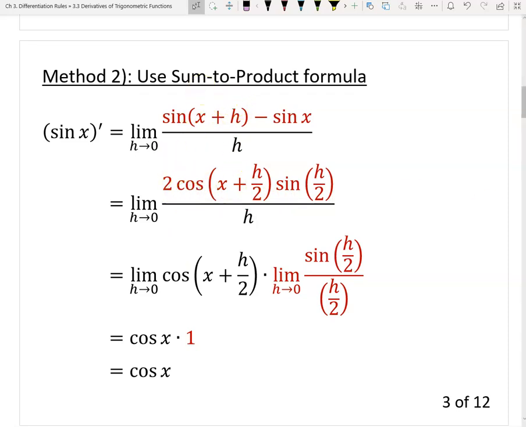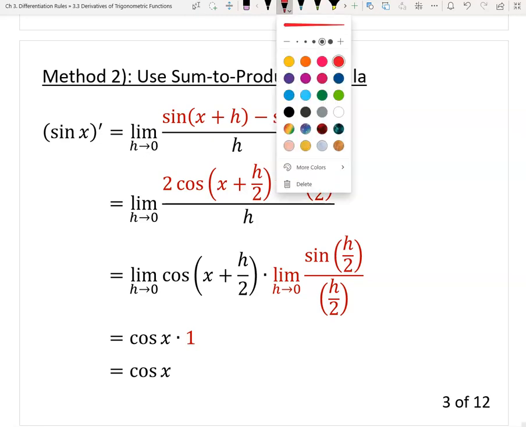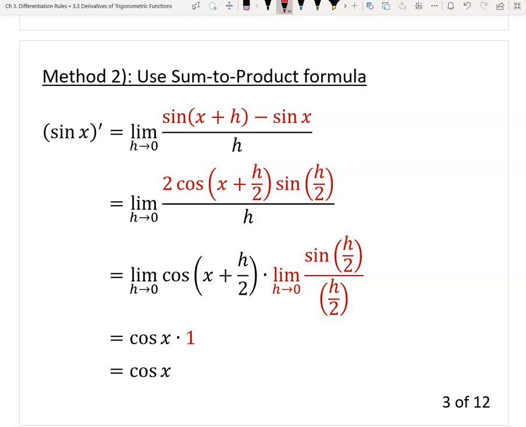Let me write it down for you so you can refer to it, or if you forget it, you can Google it. The formula is sine alpha minus sine beta equals 2 times cosine of alpha plus beta over 2, times sine of alpha minus beta over 2.